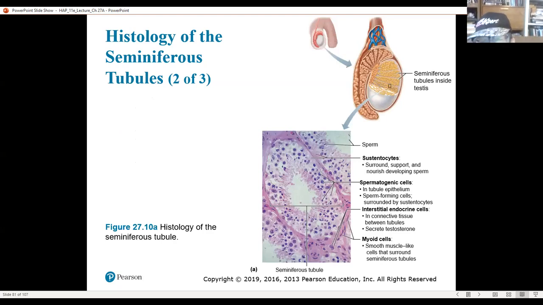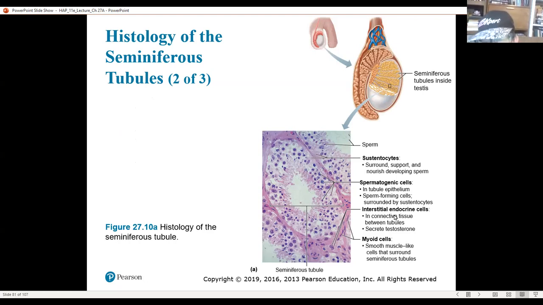So here we have sustentacular cells. We have around them the spermatogenic cells, small little round nuclei. You can see the big columnar sustentacular cell.